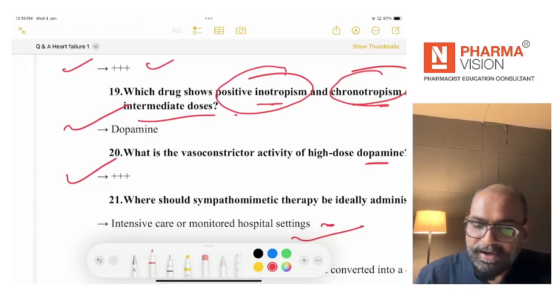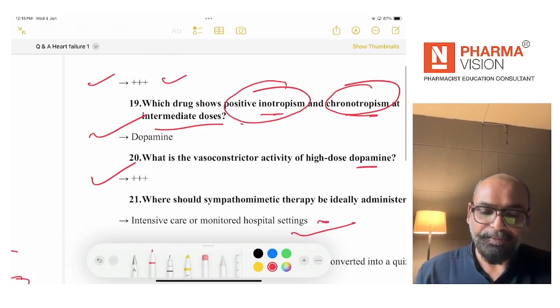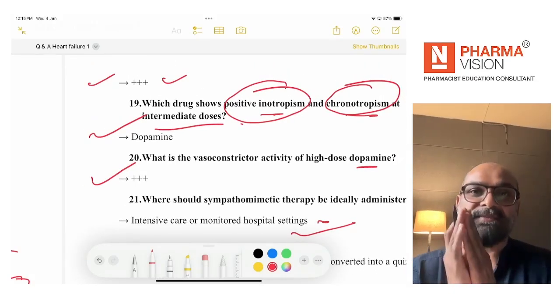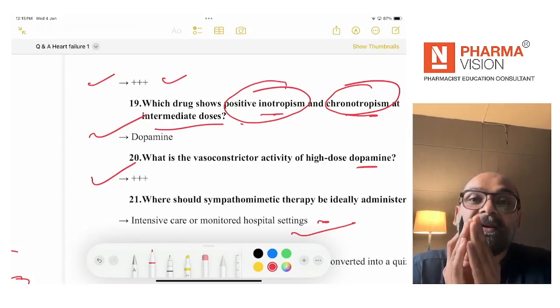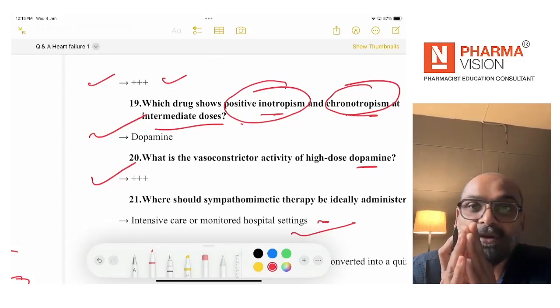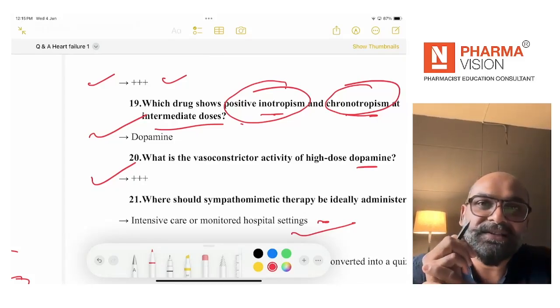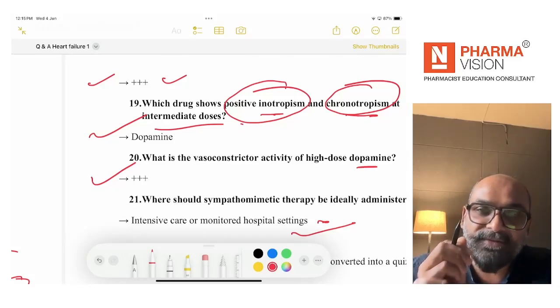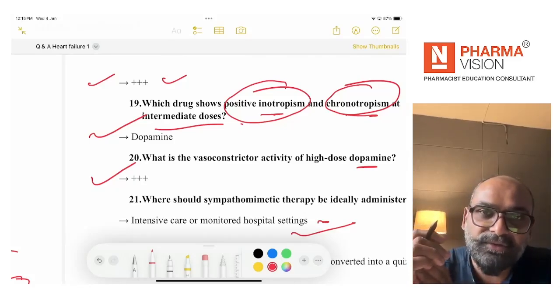So these are the points that you have to keep in mind. Sympathomimetics are very important. We have only touched upon the cardiovascular perspective.